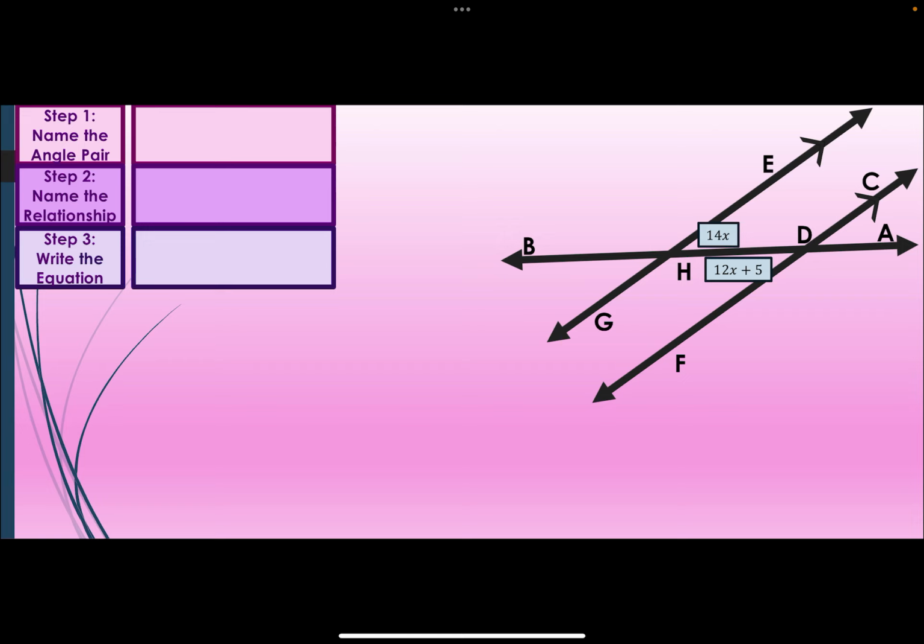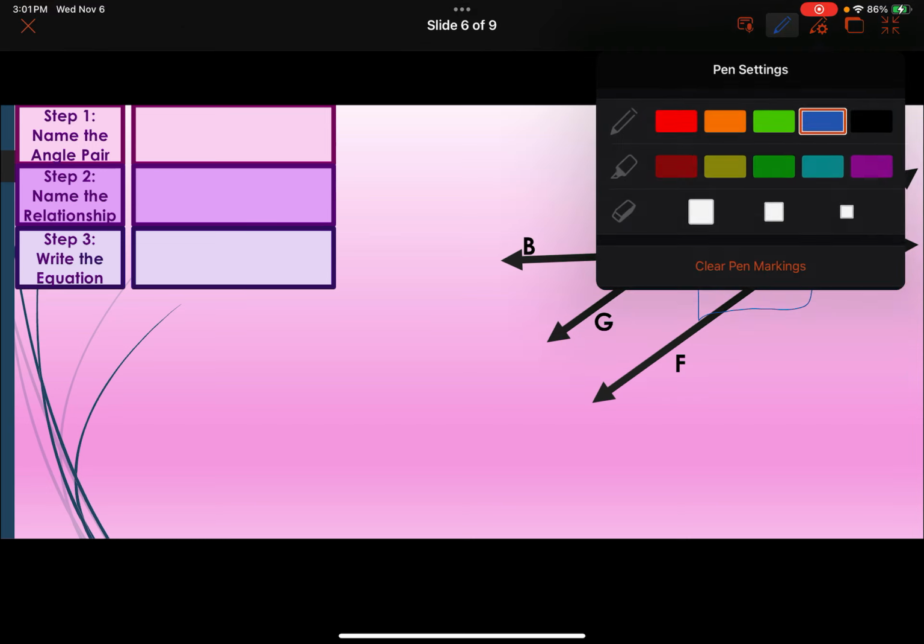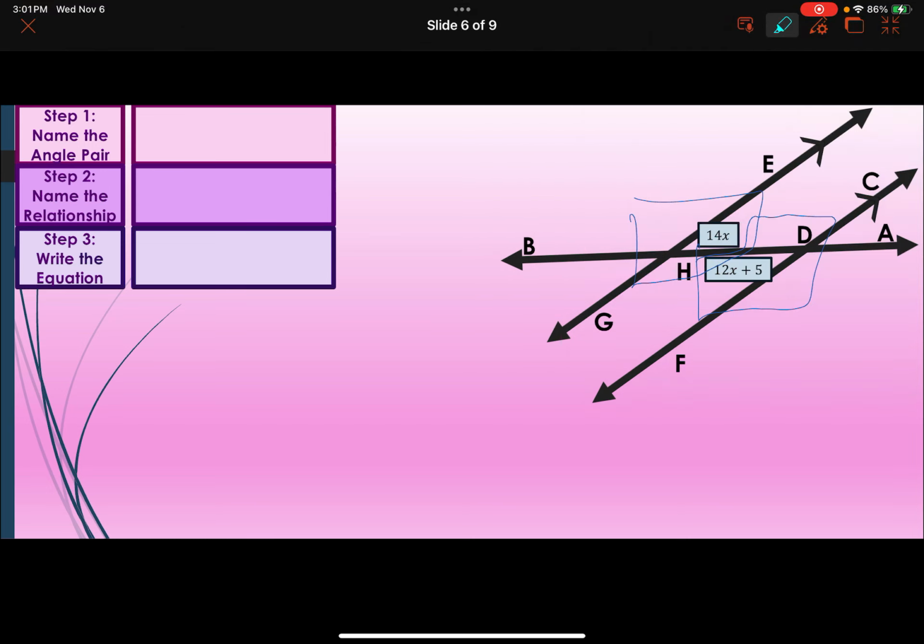This one gets a little bit trickier. We can put those boxes around each intersection. So we can see they're at two different intersections. Then we do a second check: are they on the same side of the transversal? If we highlight one side of the transversal, we only highlight one of them. Then we check the interior. We can highlight the interior, and we see we hit both of them.